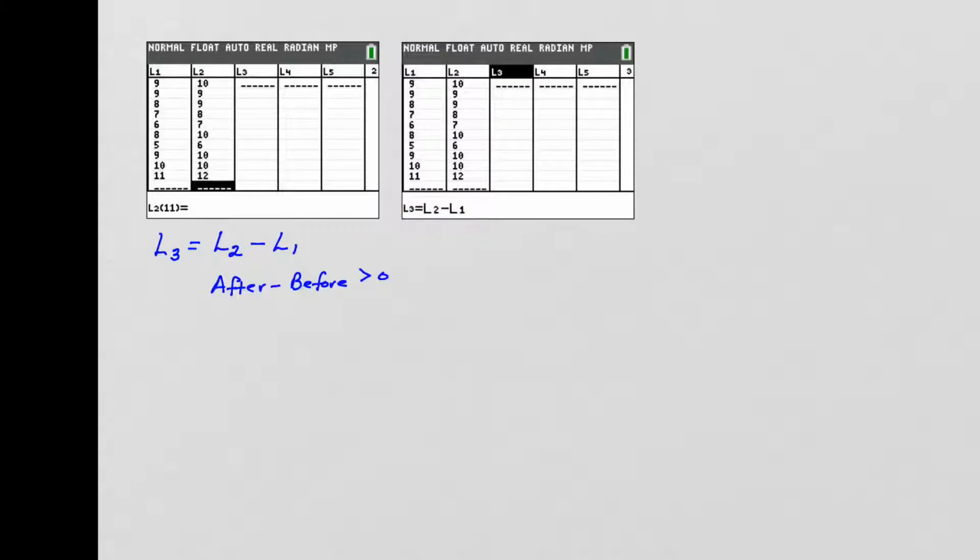And how you do that is you press second and the number 2, minus, second and the number 1. And when you press enter, it's going to fill in the differences of all of these. So you'll get 1, 0, 1, and so on and so forth.